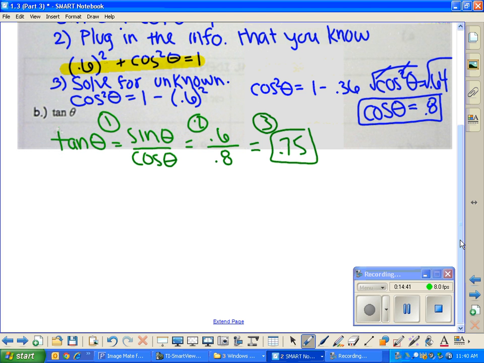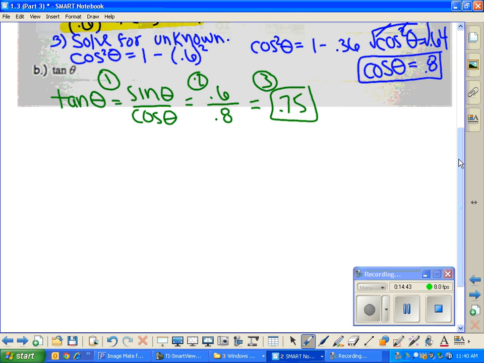David, can I ask you what you did? One divided by point... No, you were right. Yeah, 0.8, because what he used was, I should write the original. Tangent squared of theta plus 1 equals, what's the original identity?